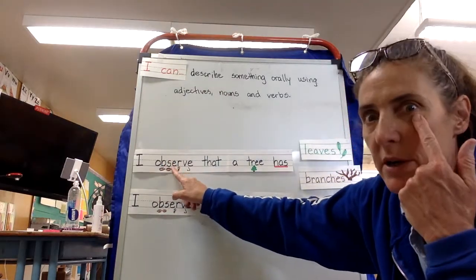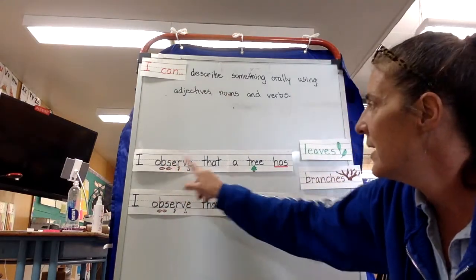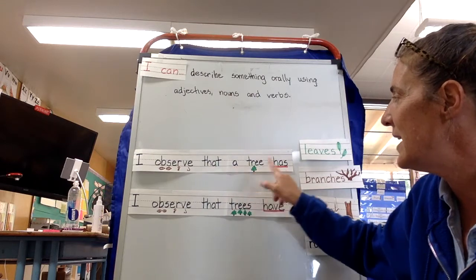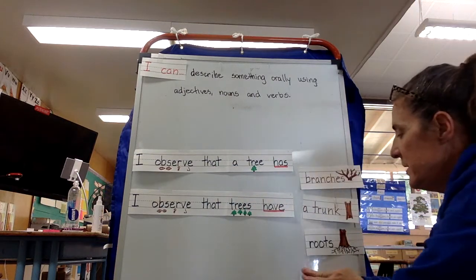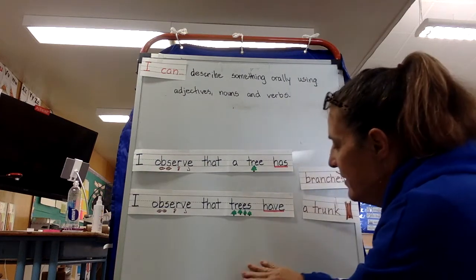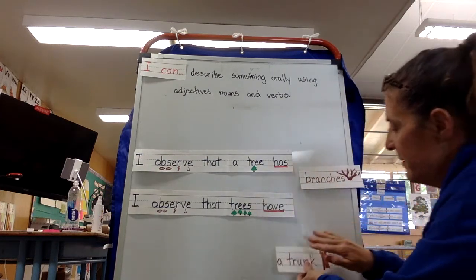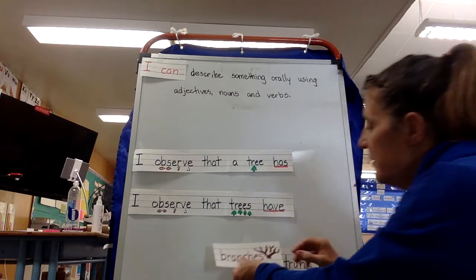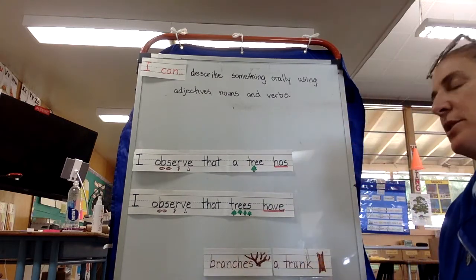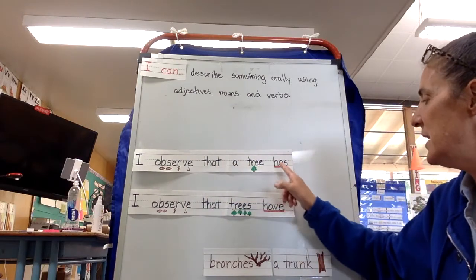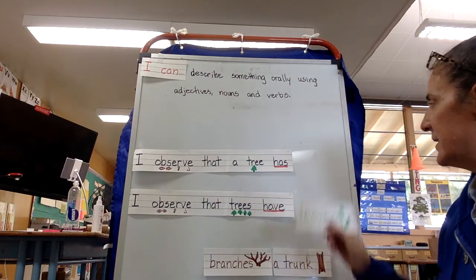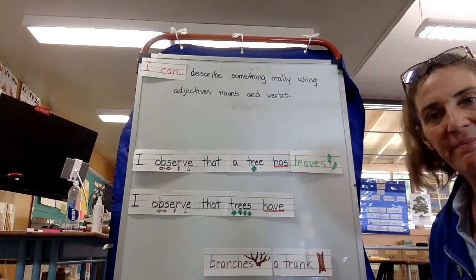I observe that a tree has, and now you're going to pick one of these to put in. So let's see, if it's my turn, I might say, I observe that a tree has leaves.